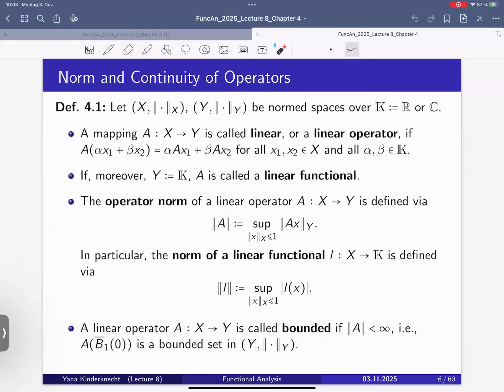Since the norm is defined like this, as the supremum over the closed unit ball, this means that the image of the closed unit ball under this mapping A is a bounded set in this space. It is a bounded set which lives inside the ball of radius norm of A and center in 0.